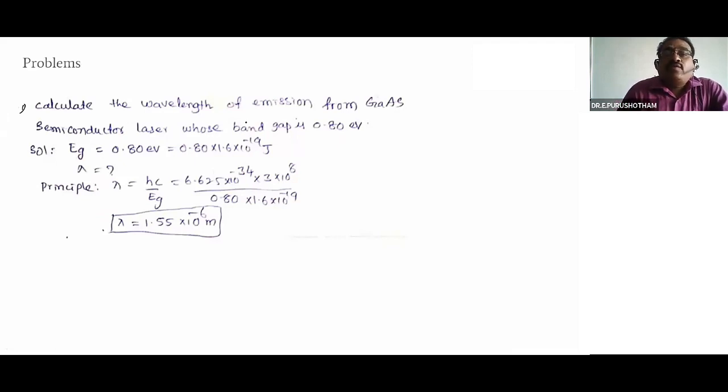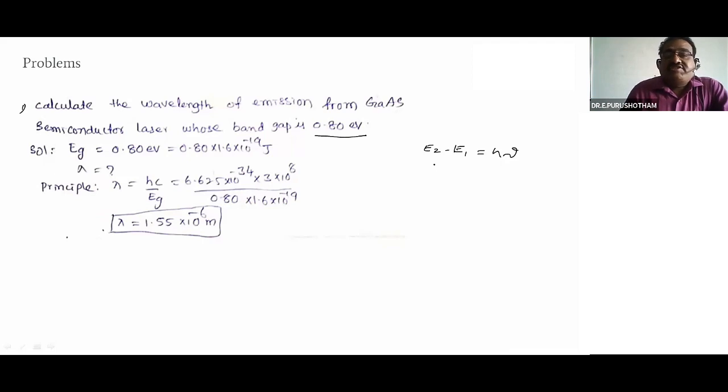Calculate the wavelength of emission from gallium arsenide semiconductor laser, whose band gap is 0.8 electron volts. So from the given data, you know very well, E2 minus E1 is equal to h nu, photon energy. We observed in absorption coefficient and also stimulated emission of radiation.